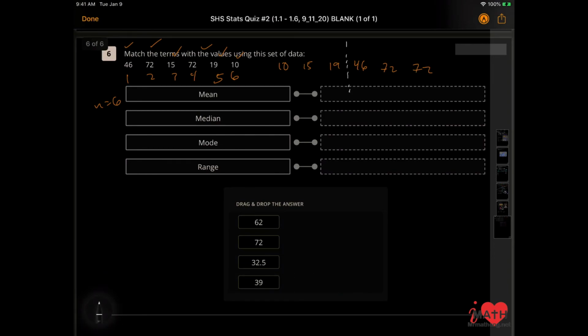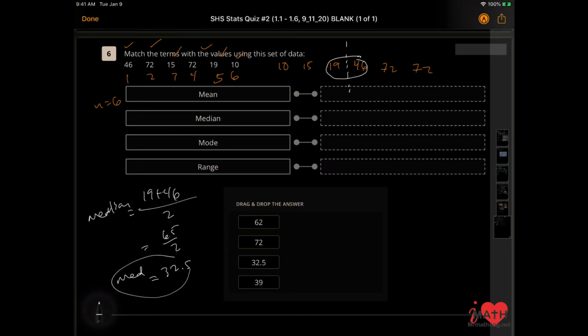And therefore 3 to the left, 3 to the right. My line right here is the median. That means I have to take the average of these 2 numbers. So the average of the third and fourth number, 65 divided by 2 is 32.5. The median is 32.5. Ding.